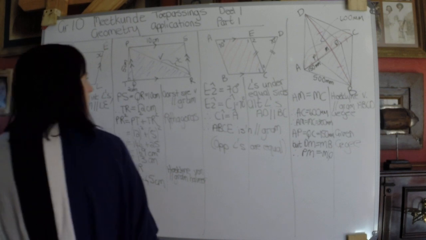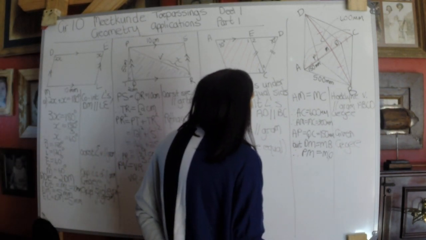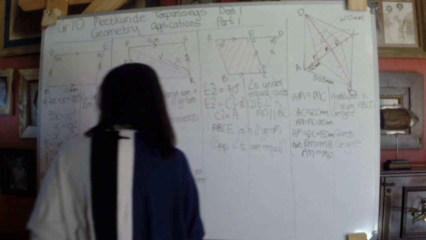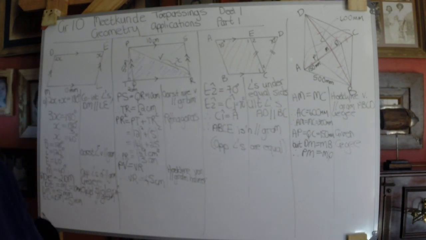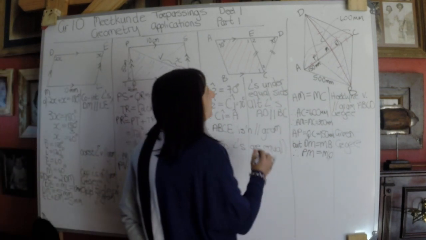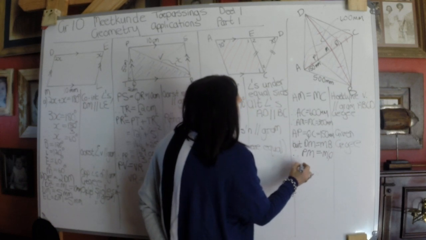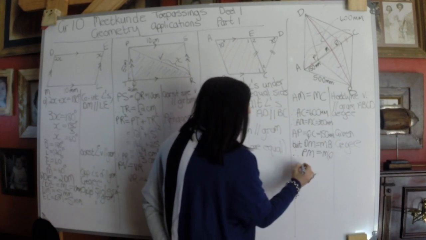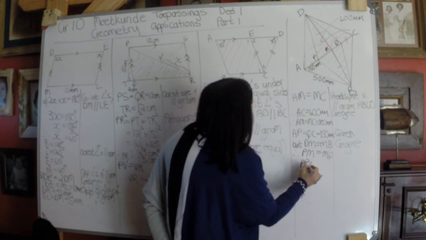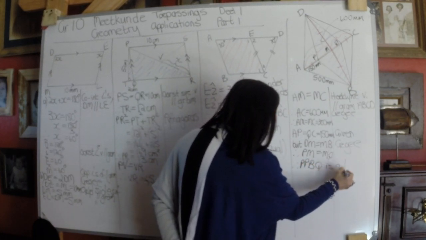PM and BM equals MD. Okay. So now we can say, therefore, DPBQ is a parallelogram.